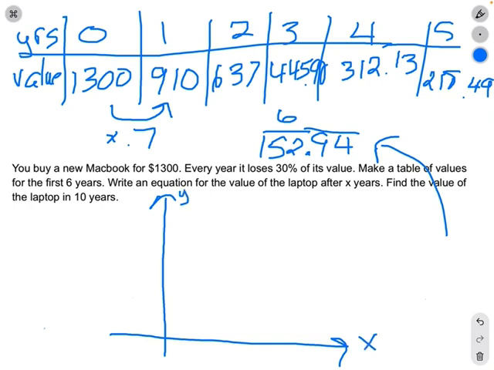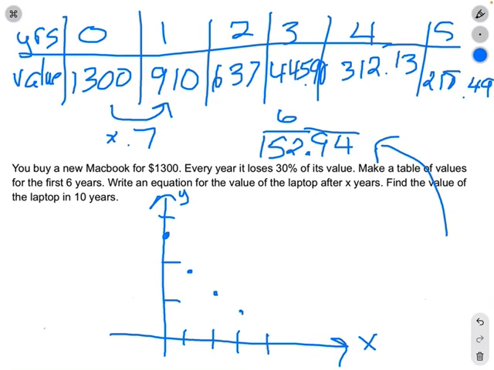So I'm going to start at $1,300. So I'm going to be like, okay, 5, 10, 15. So $1,300 is going to be right here. At the end of year 1, we're going to be at like 910, which will be right around there. The end of year 2 will be at 637, so that's going to be around here. And then 445 is going to be right there.